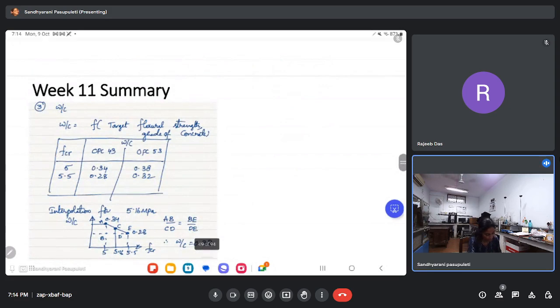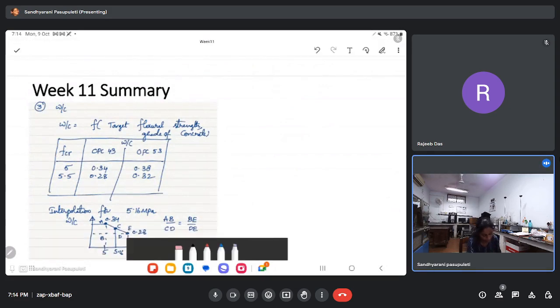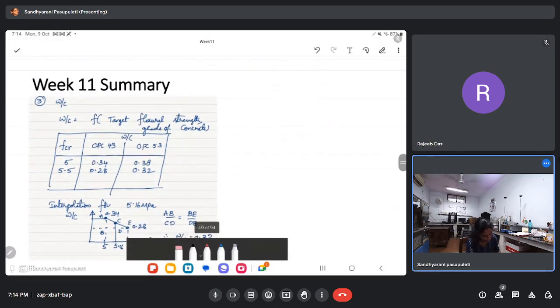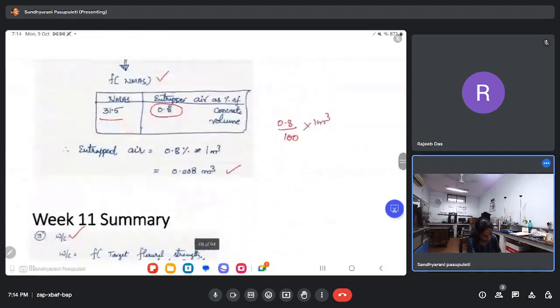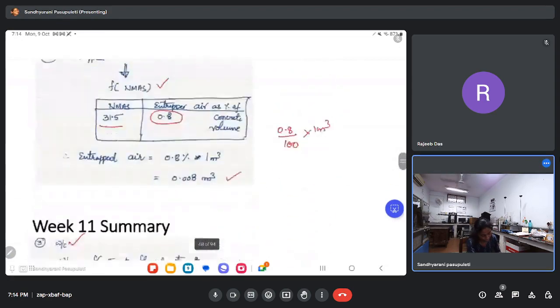In the third step, we have to calculate the water to cement ratio. This water to cement ratio is a function of the target flexural strength and also the grade of the cement. What was the target strength? We got 5.16.